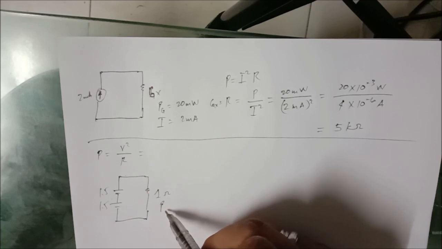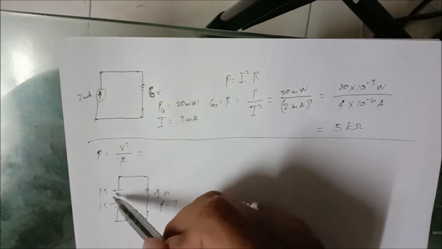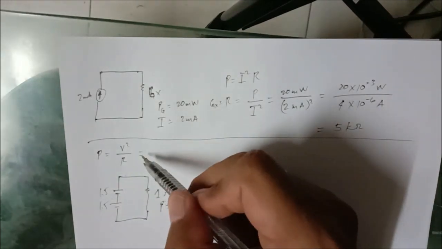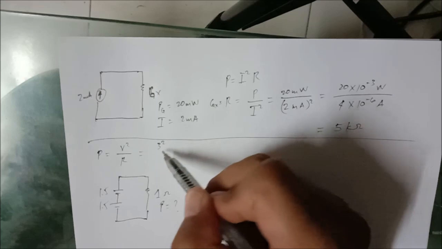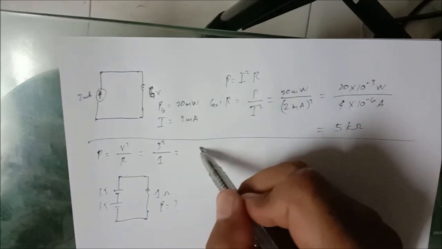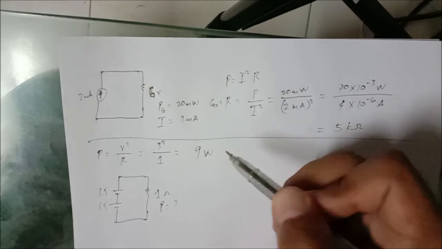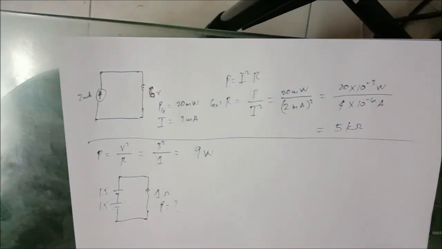What is the power dissipated dito? So, kung series to, 1.5 plus 1.5 is equivalent to 3 squared over 1. So, this is equivalent to 9 watts. Okay? So, correct answer is 9 watts.